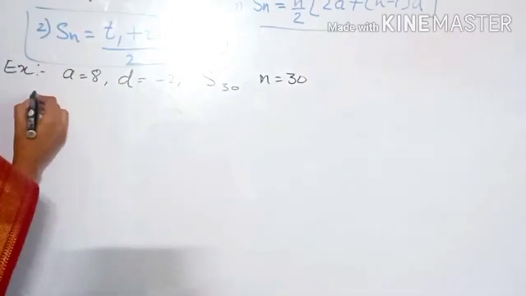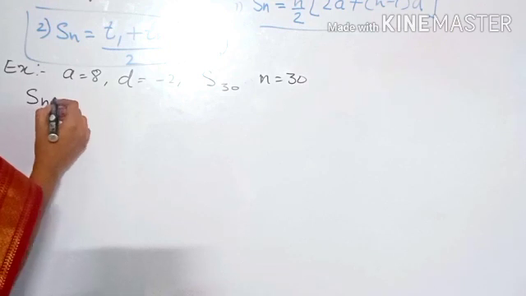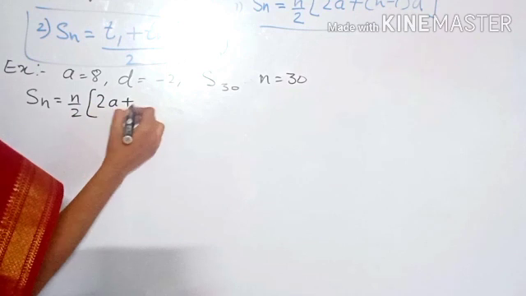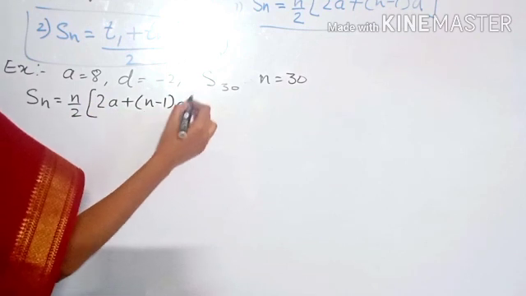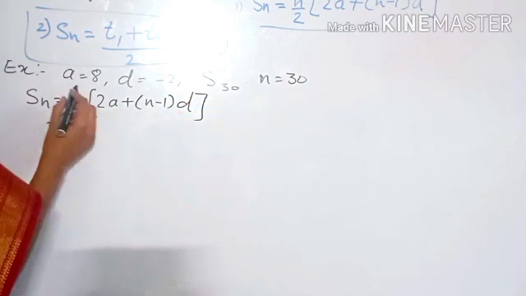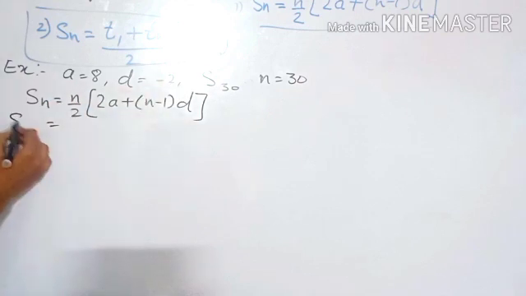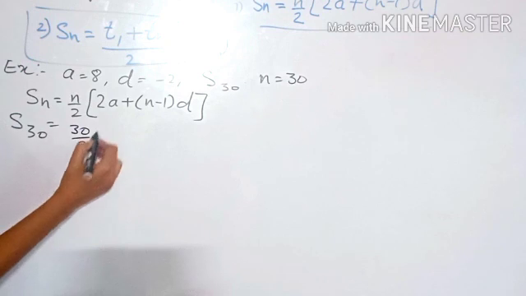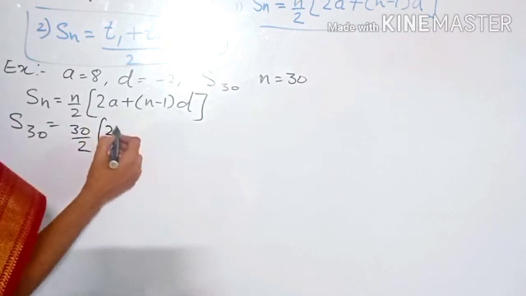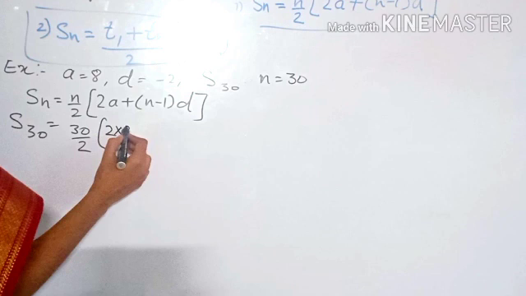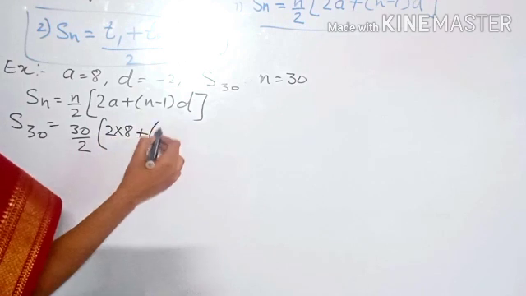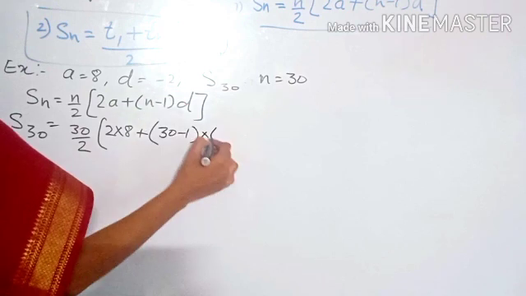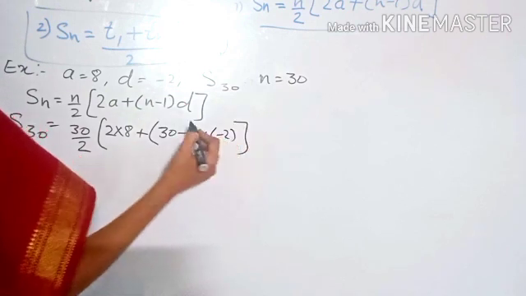So we will use the formula Sn equals n upon 2 in a bracket 2a plus (n minus 1)d. So S30 we want to find out. n is 30 divided by 2 in a bracket, 2 into the value of a, which is 8, plus n is 30 minus 1 into minus 2. Common difference is minus 2.